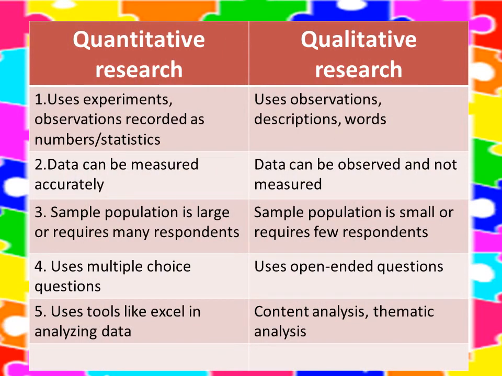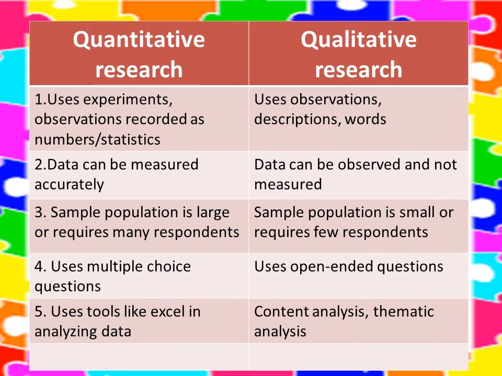To widen our knowledge about quantitative research and qualitative research, these are now its differences. For number 1, in quantitative research, it uses experiments, observations recorded as numbers or statistics, while in qualitative research, it uses observations, descriptions, or words.